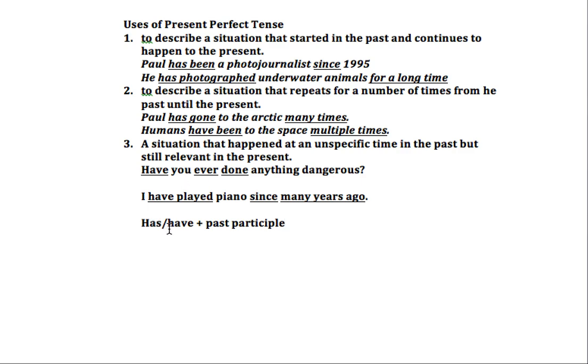So we have has or have plus past participle. So past participle is basically past tense. So the rule when we are using present perfect tense, when we are describing a situation when we need to use present perfect tense, what we need to have is has or have plus past tense or past participle.